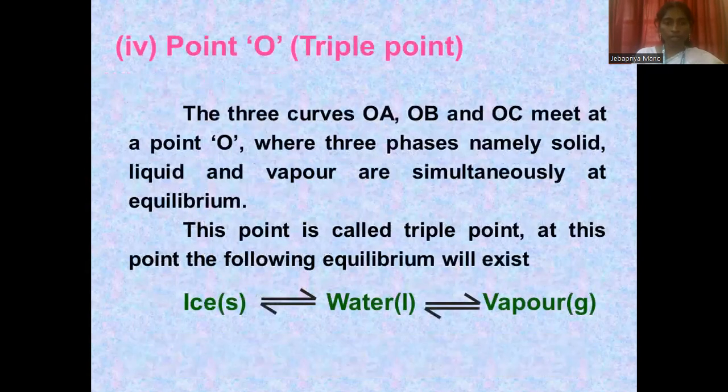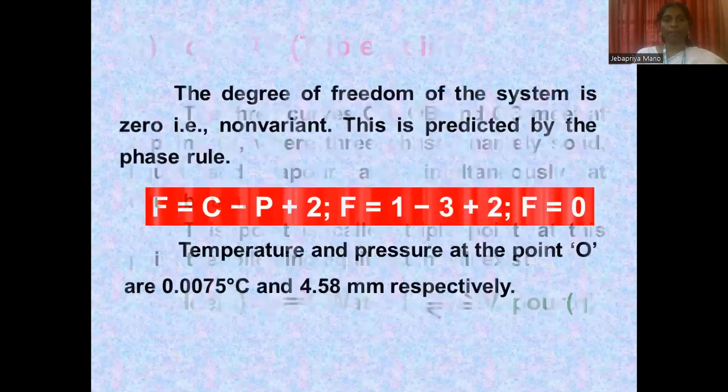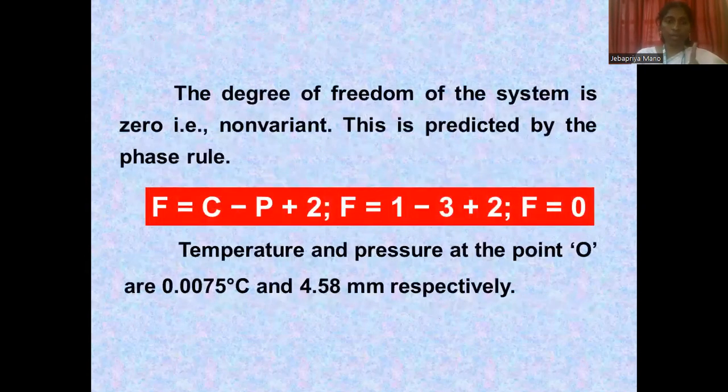Then we come to the point O, which is called the triple point. The triple point O is the place where all three curves meet. It is the point at which all three phases are in equilibrium, that is solid ice, liquid water, and vapor. Applying the phase rule at O, it is a one component system and the number of phases here is 3. So we get F is equal to 0, which means the system is non-variant. What does it mean?